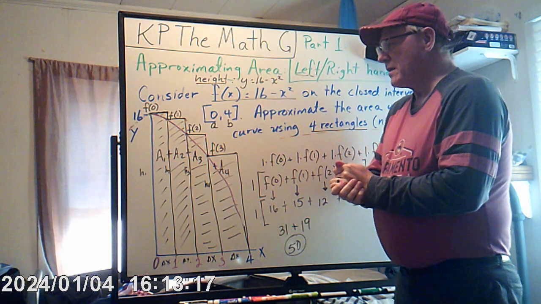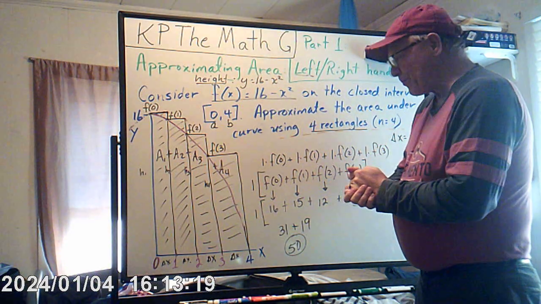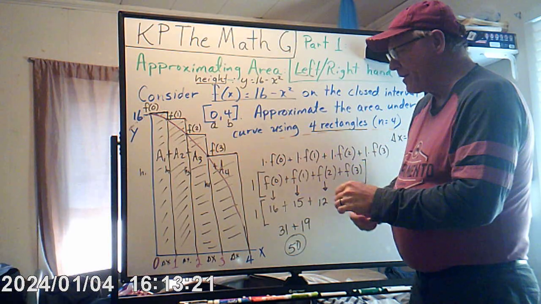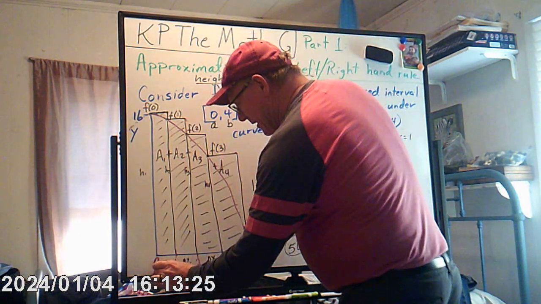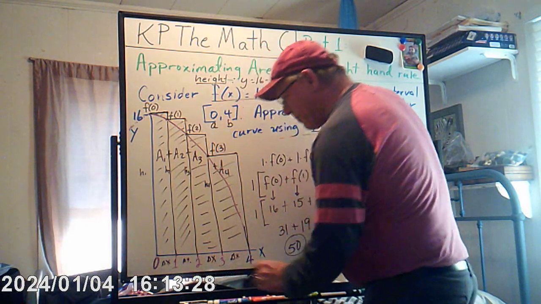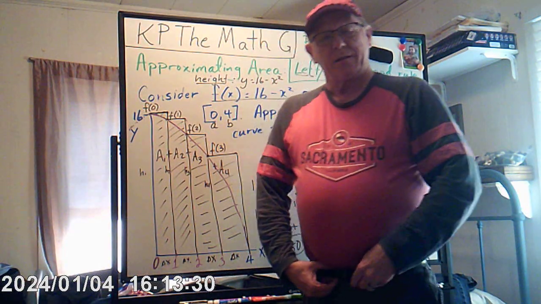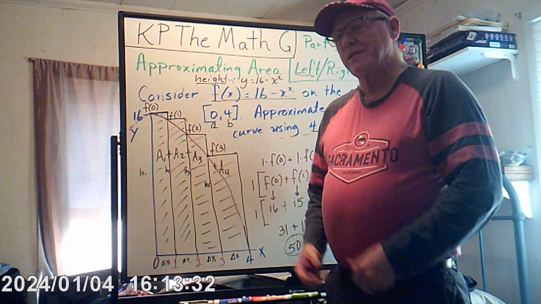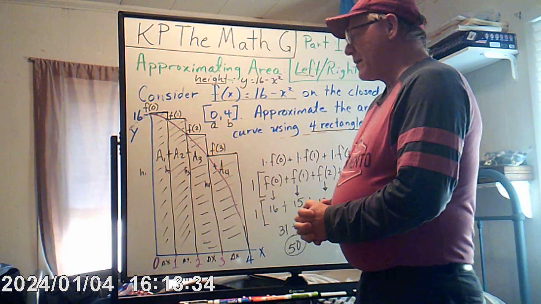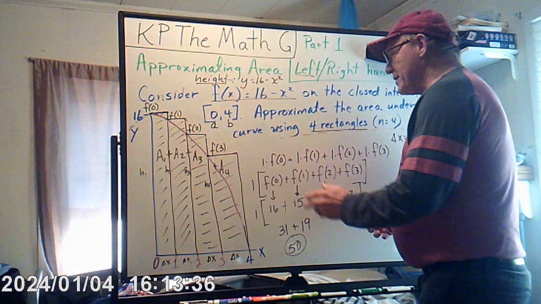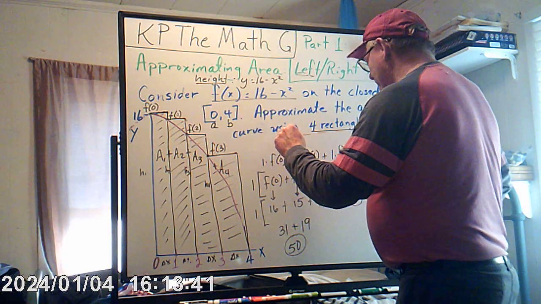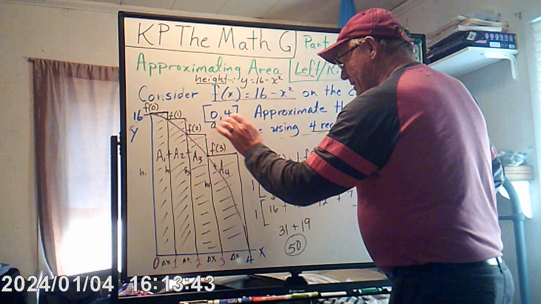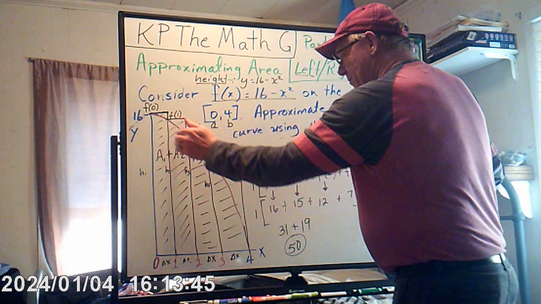Getting back to the lesson, when we did the left hand rule, we started with the left hand most side, delta x being 1. Just a brief summary of what we just did, in case you weren't able to see the video. We determined delta x with a formula: b minus a over the number of rectangles.